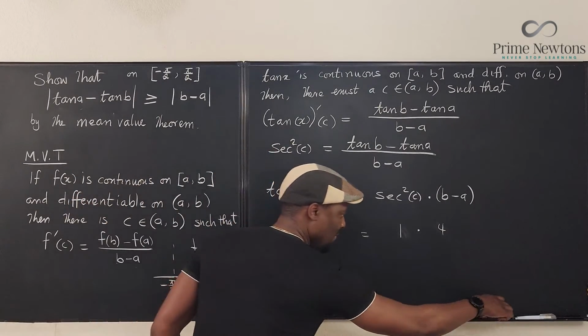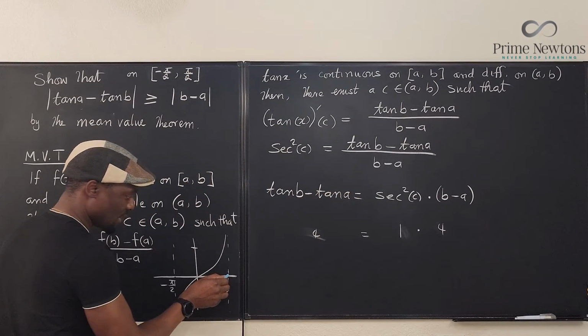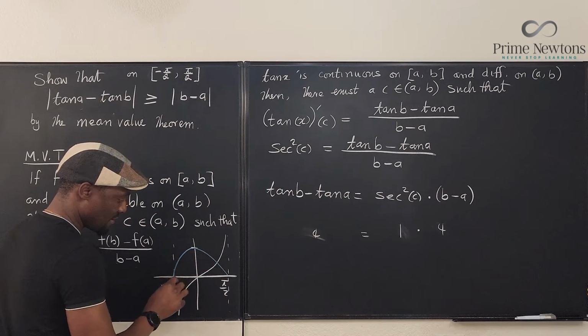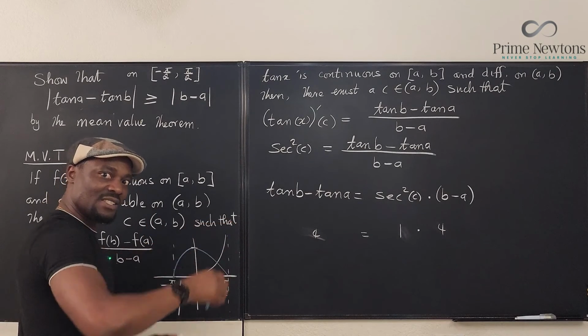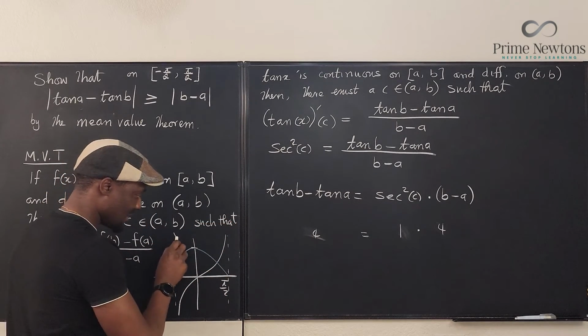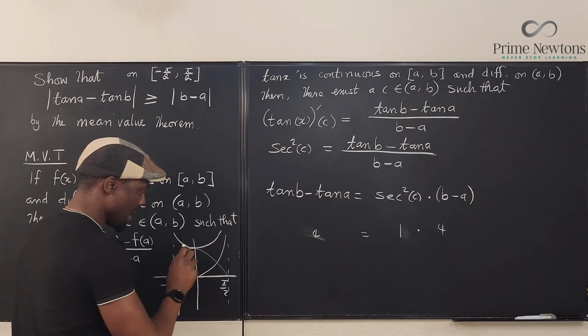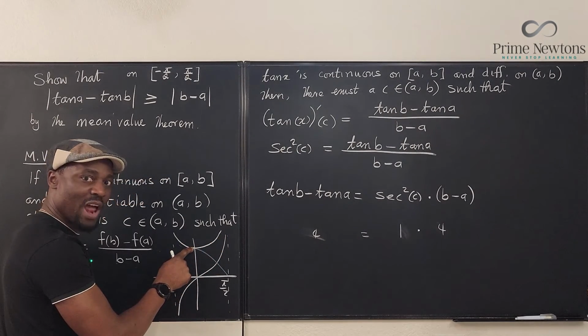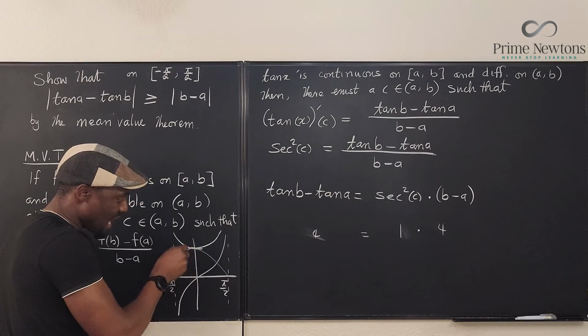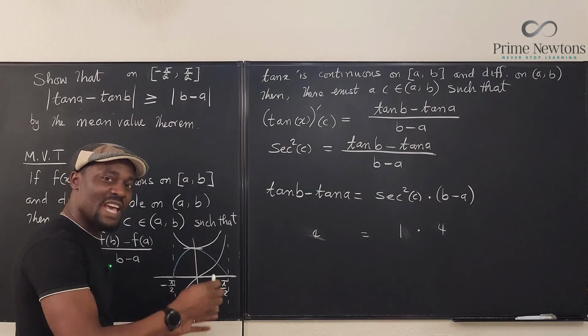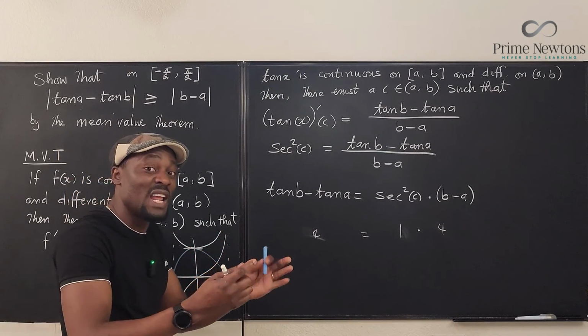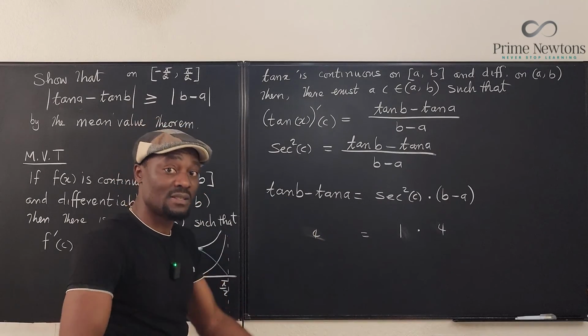In case you've forgotten, the graph of cosine goes like this, and secant sits on top of it, like this. So this is the secant graph. The smallest value is 1. Any other thing you get here is greater than 1. The square of it is even greater than 1.